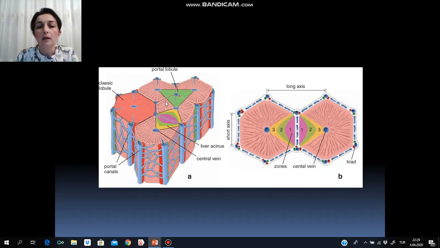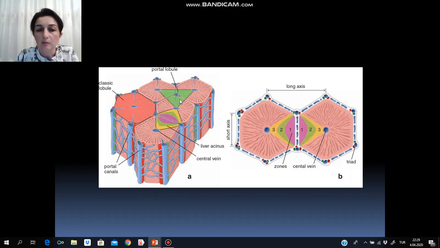That's why histologists proposed another lobule, that is the portal lobule. It has a triangular shape. In the center of it, we will have an interlobular bile duct, and the bile which is produced in these regions will flow into this interlobular bile duct, which is located in the center.